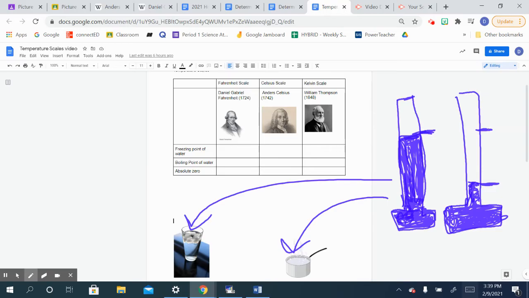But the fact is he was able to get four different temperatures and worked out mathematically a consistent pattern of added energy to added temperature change. And today we know that the boiling point of water on the Fahrenheit scale is 212 degrees Fahrenheit, and the freezing point of water is 32 degrees.